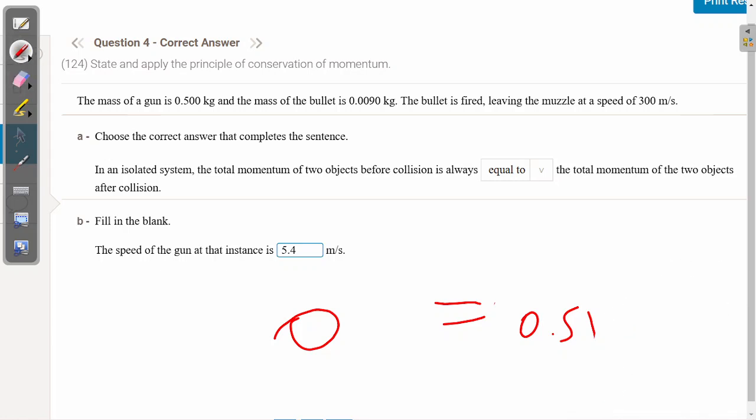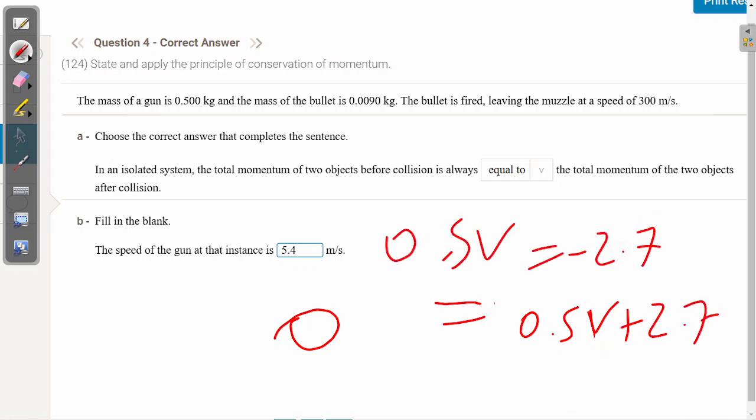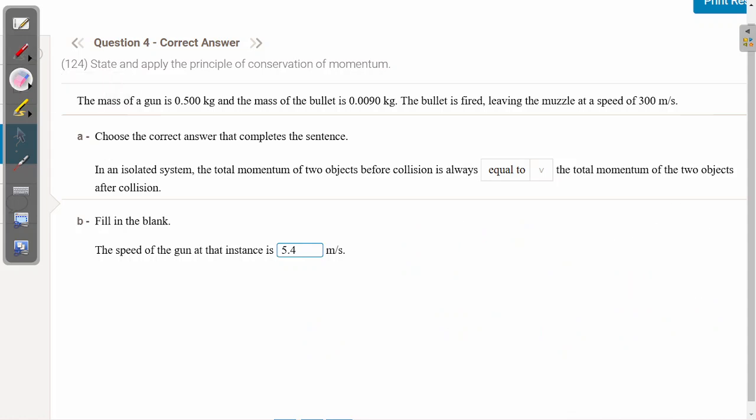Okay, so 0.5v plus 2.7. Move it to the other side. 0.5v equals negative 2.7. You will get that the velocity is negative 5.4, but here they said the speed is never negative, so you put it as 5.4 only.